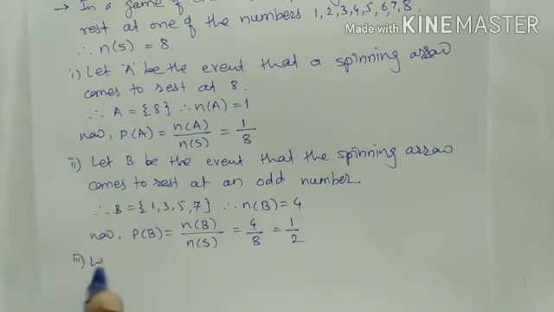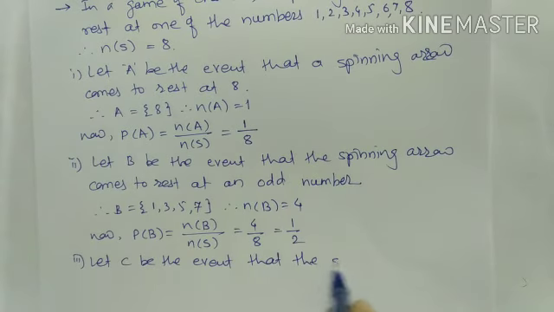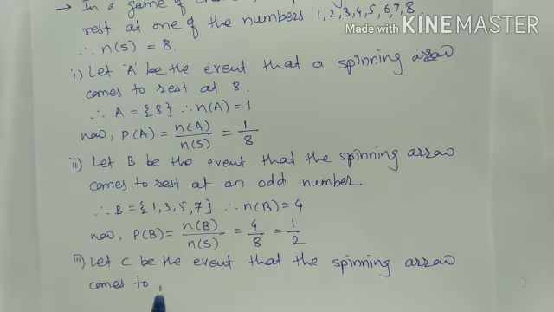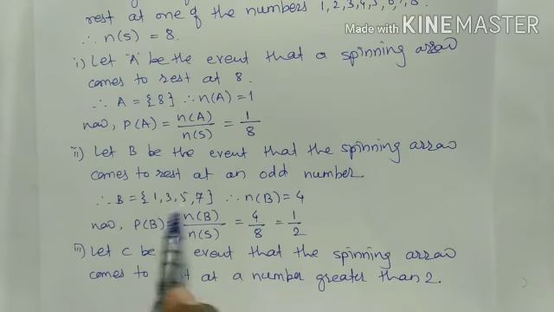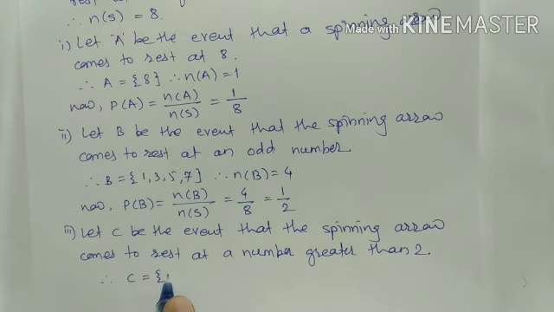Now, let C be the event that the spinning arrow comes to rest at a number greater than 2. See, the numbers which are greater than 2 are from 3 to 8 here, so the sample points in this event C are here.